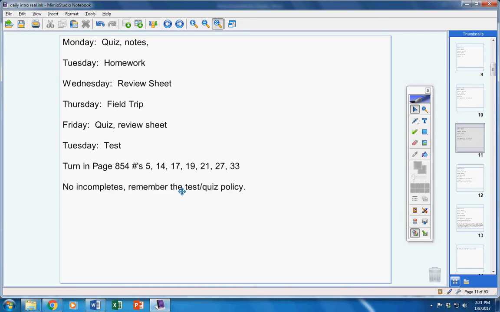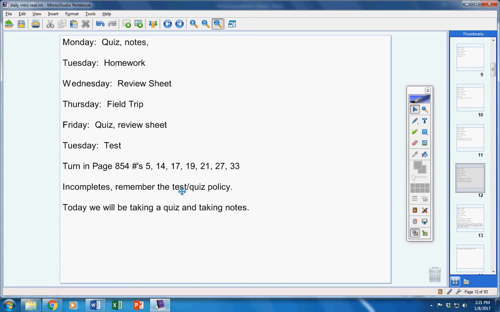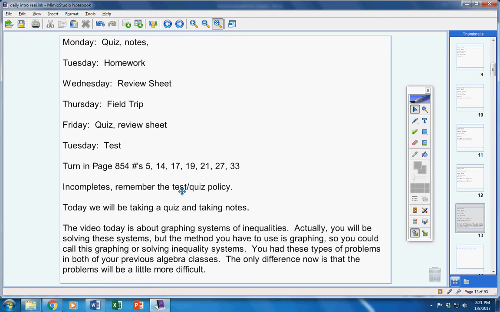Now today, we are going to take a quiz and take notes. The video today is about graphing systems of inequalities. Okay? Now, actually, you will be solving these systems, but the method that you have to use to solve them is graphing. So you can call this graphing or solving inequality systems.